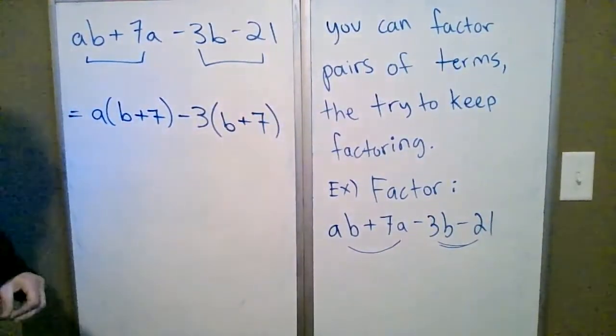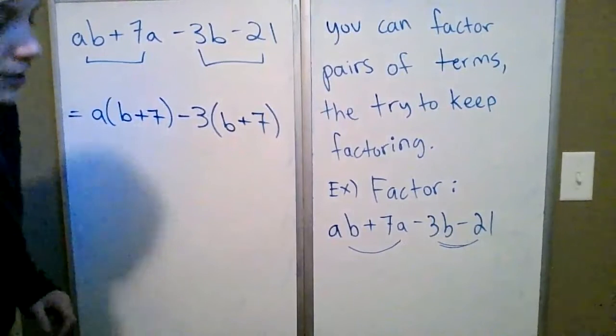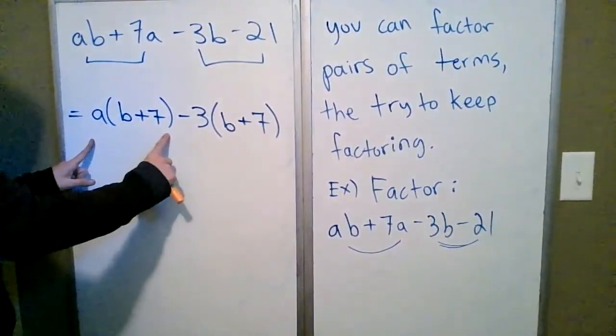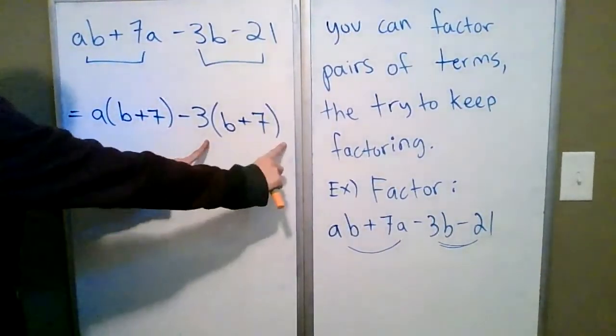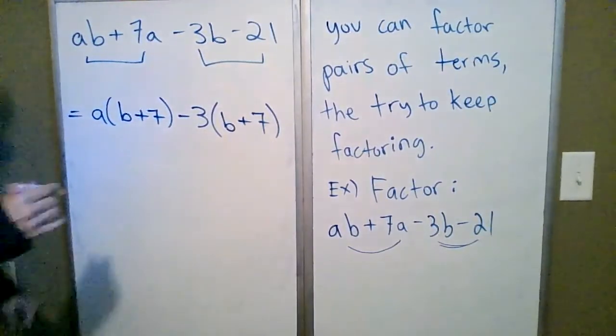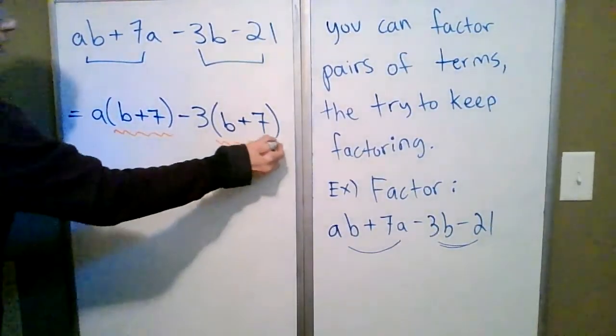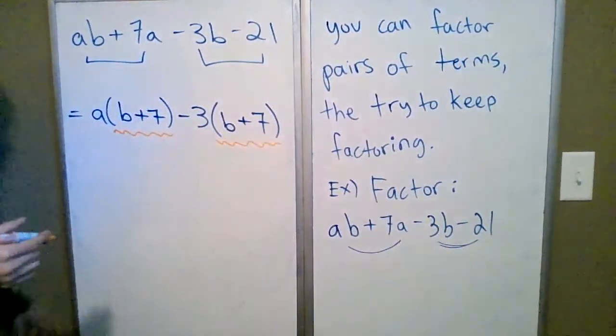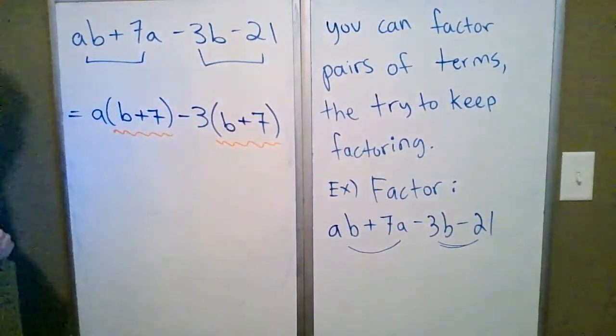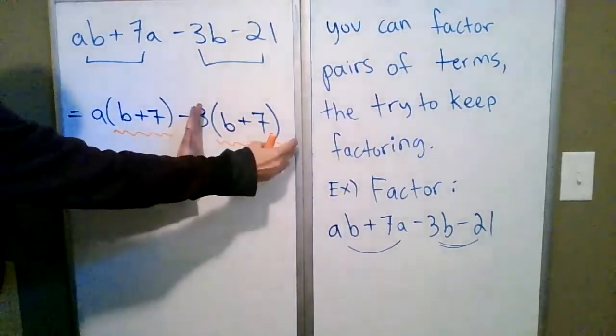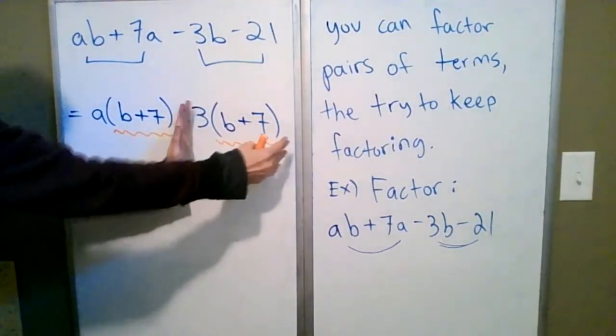Okay. So now this whole first term minus this second term, the two terms have B plus 7 as a common factor. So from this term and this term, factor out B plus 7.